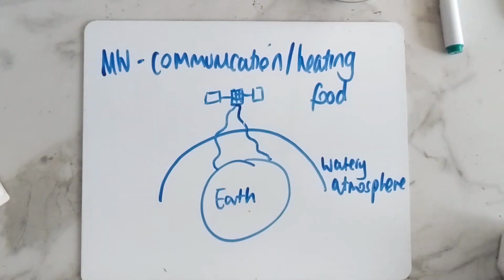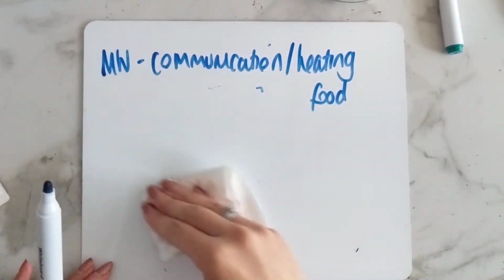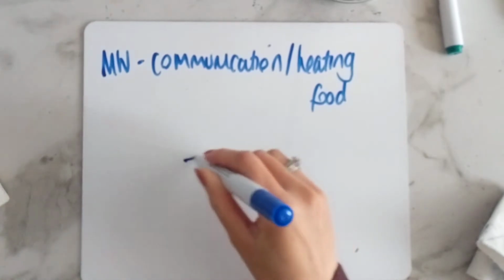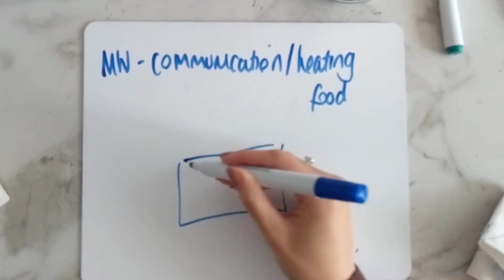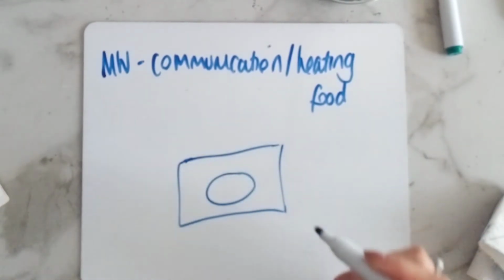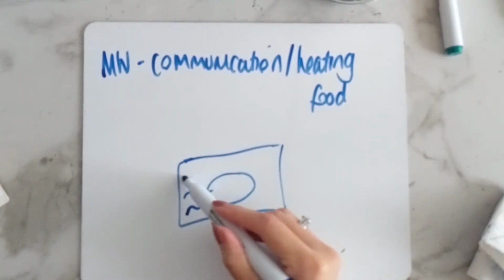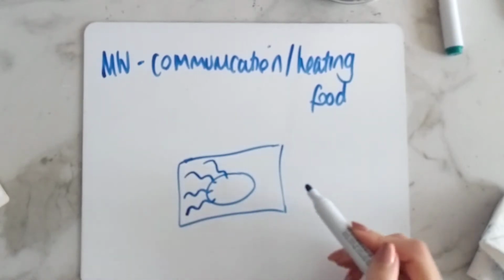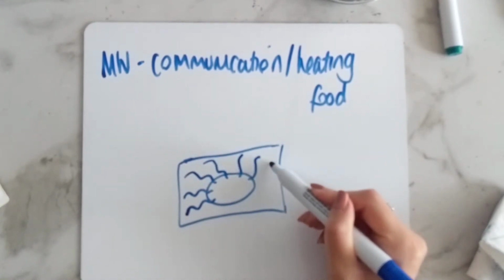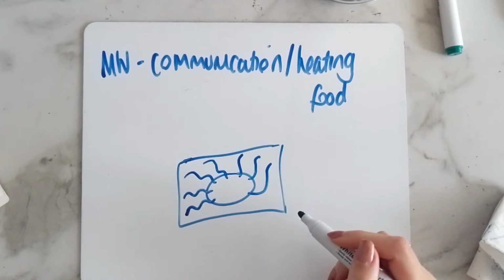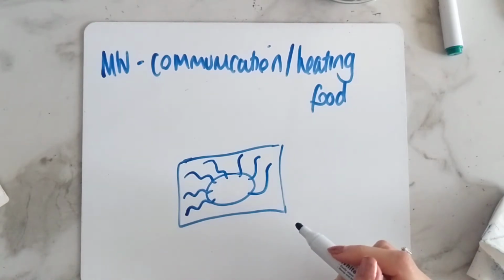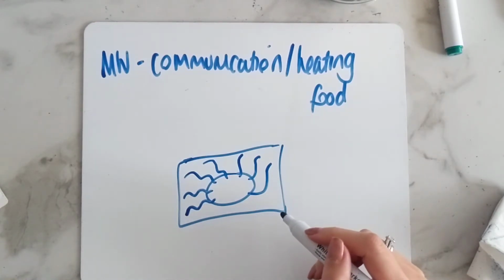But in terms of heating food, let's say that's my microwave, the appliance. There's my food. So the microwaves penetrate the food just a couple of centimetres. They then pass that energy to the water in food.